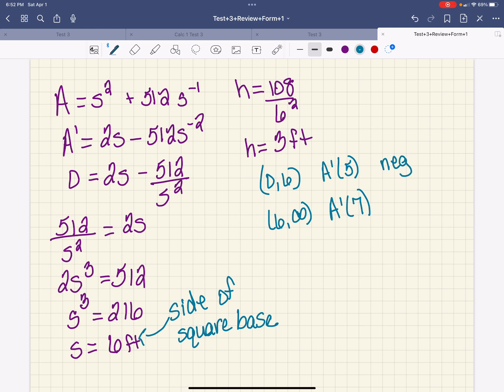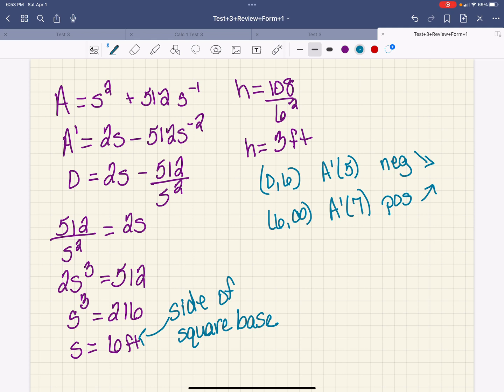That means my function is decreasing. Then when I plug 7 into my derivative, I get a positive value, and that means my function is increasing. So when I have a negative value and then a positive value, using the first derivative test, that means that 6 is where the minimum occurs.